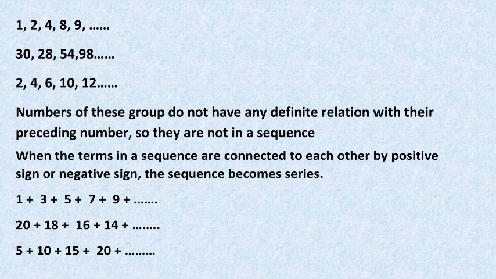The terms of the sequence are connected by using a plus or minus sign. So this is called a series. Sequence and series mean the same, but when the terms of the sequence are connected to each other by a positive or negative sign, we call them a series.